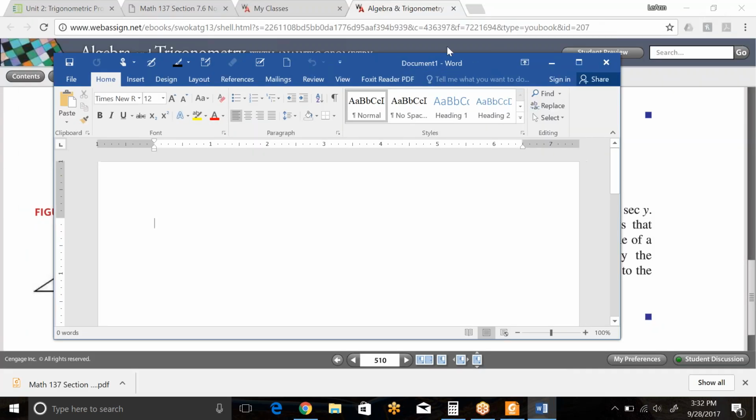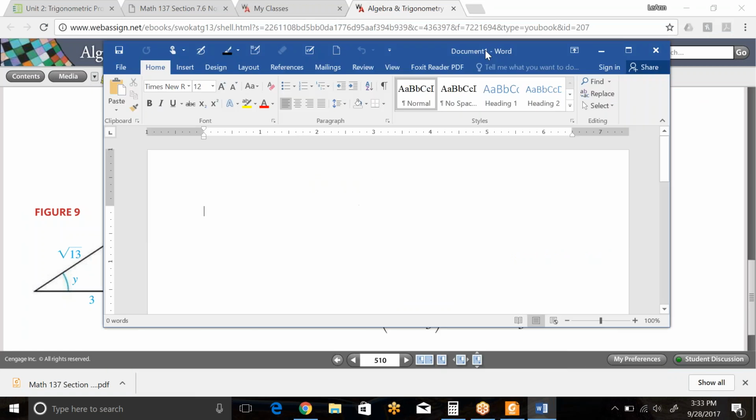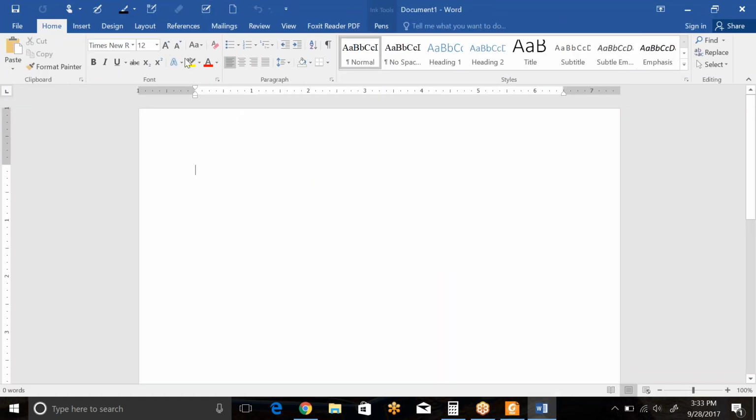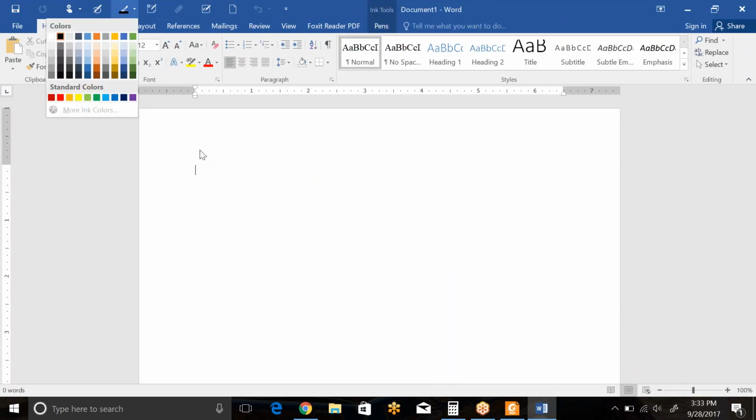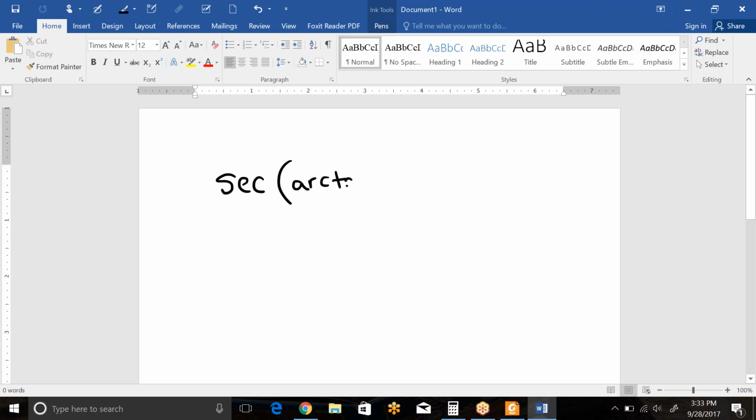So we're looking at secant of arctan of 2/3. When you look at this, we're supposed to be evaluating it or working it out.